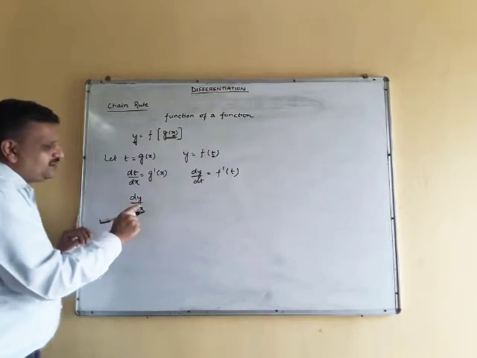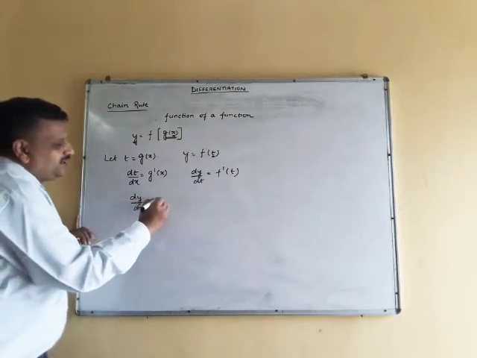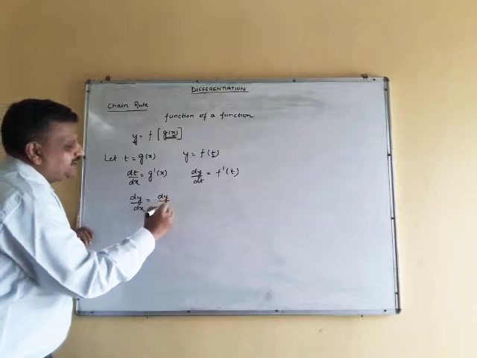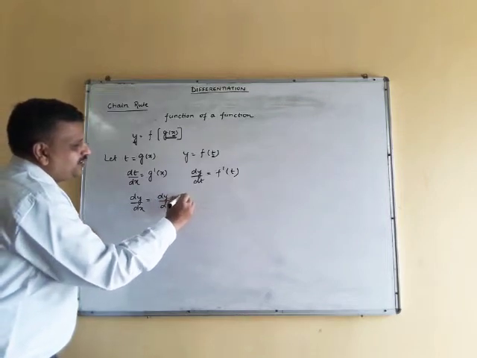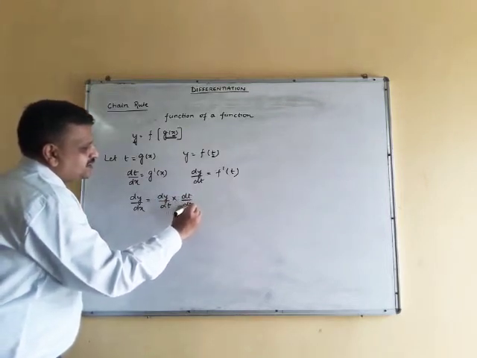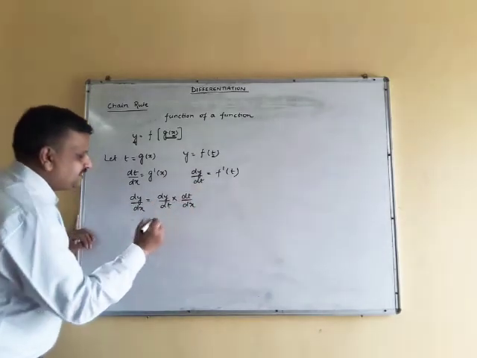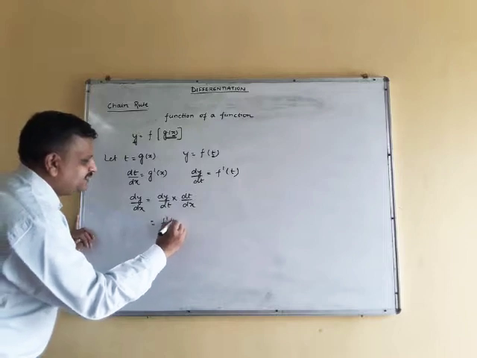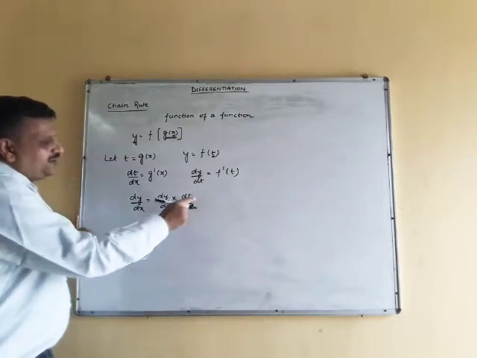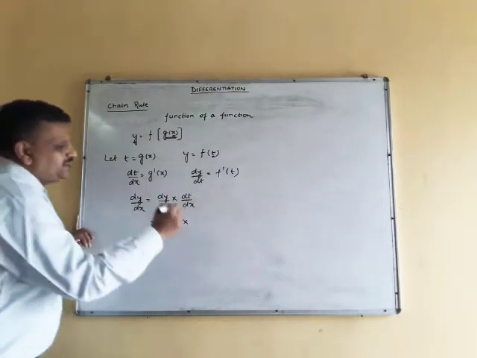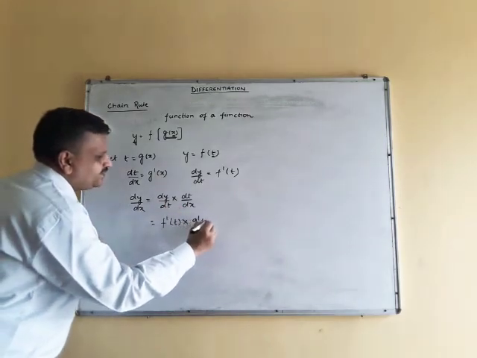We can write it as dy by dt into dt by dx. Now substitute the value of dy by dt, it is f dash t, into the value of dt by dx, it is g dash x.